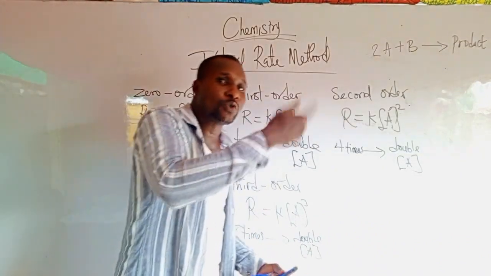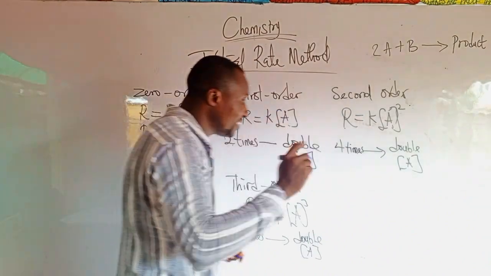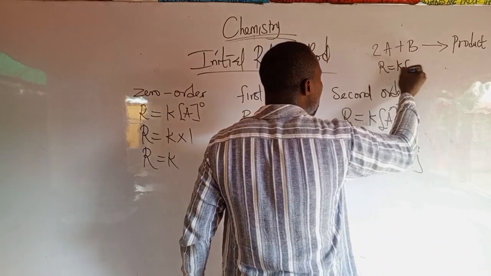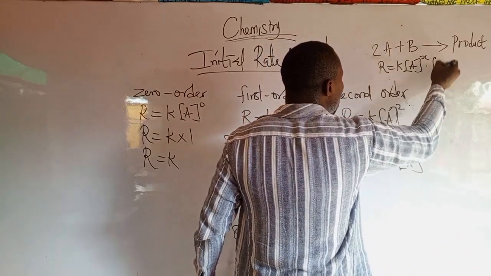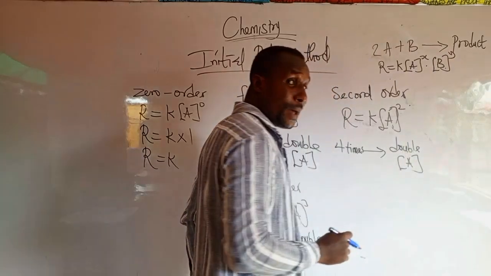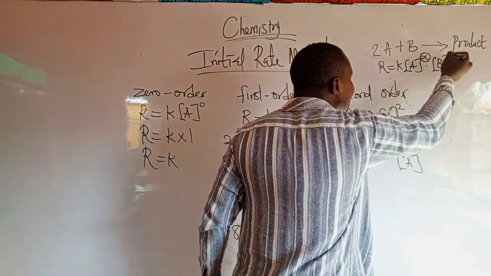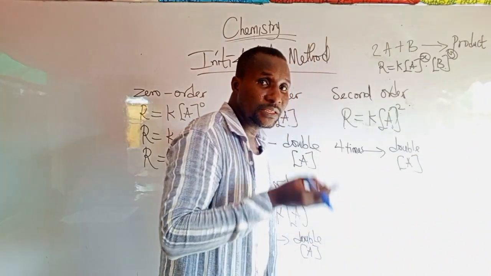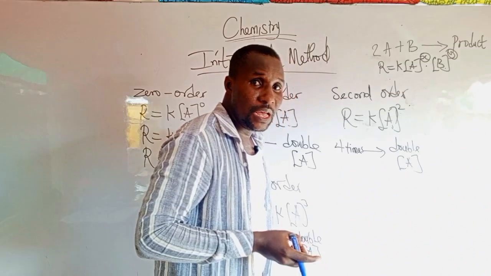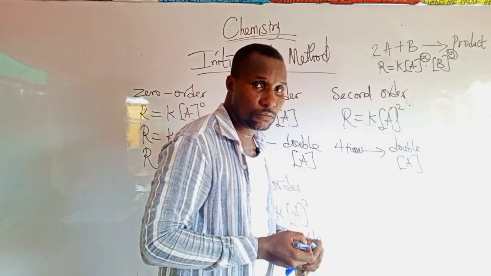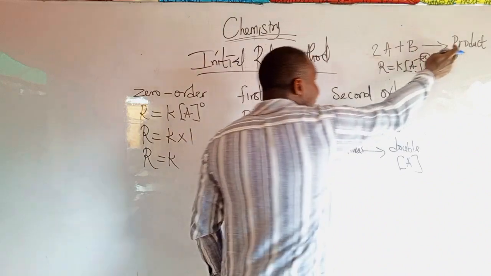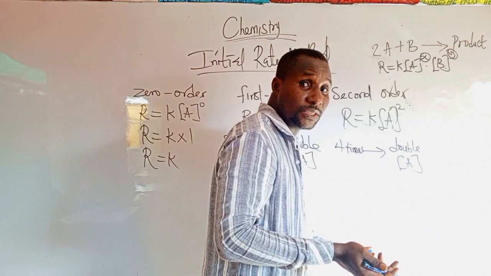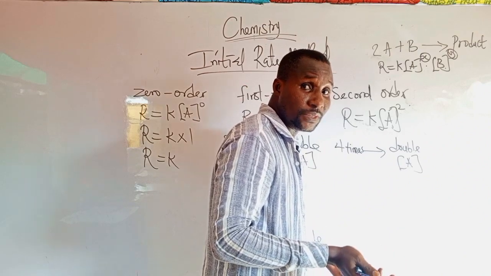Take note. Then if you go to the inverse of it. I told you for this reaction, when you have R equals K, A raised to power X, B raised to power Y, that X and Y can be positive integers, they can be negative values, and they can be fractions.